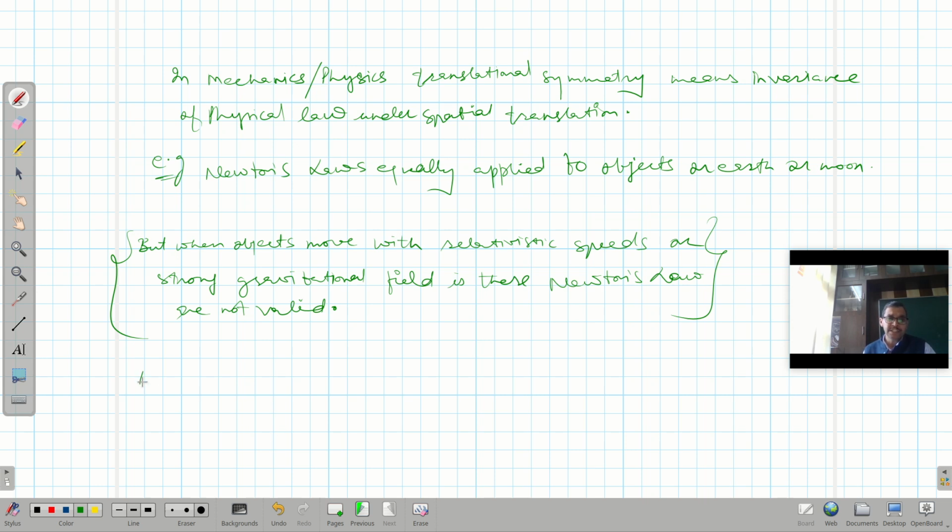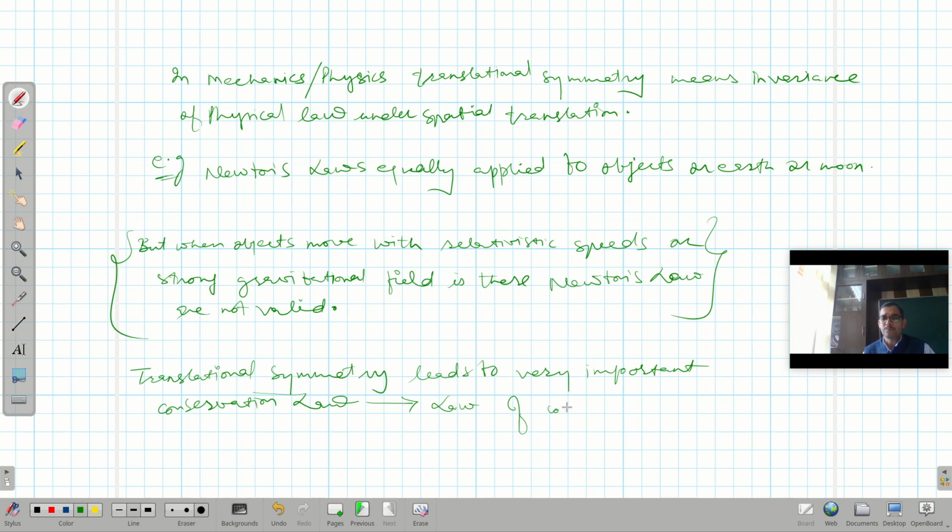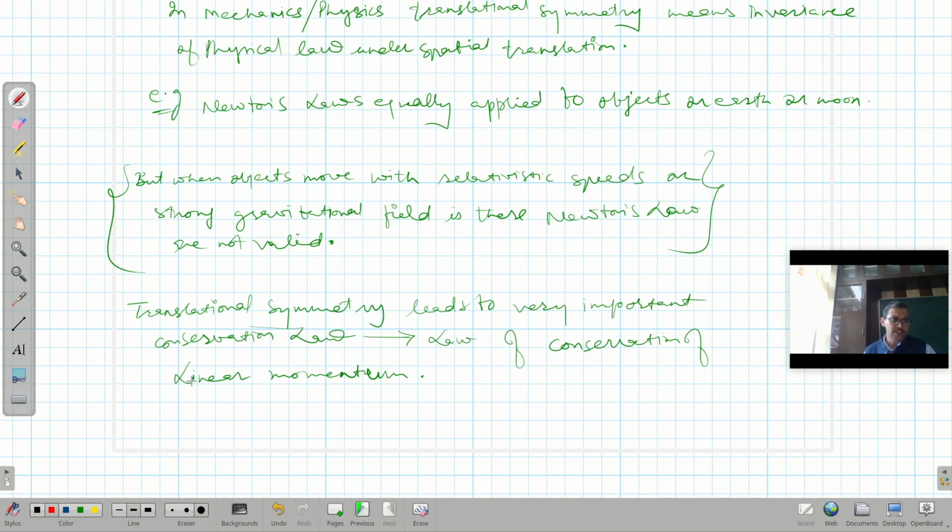And this translational symmetry leads to a very important conservation law, that is the law of conservation of linear momentum.